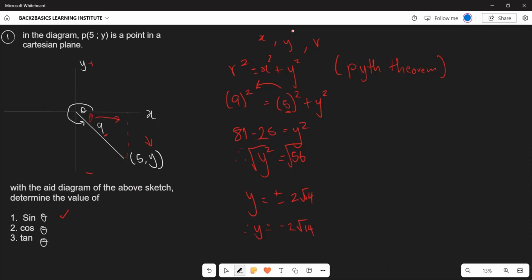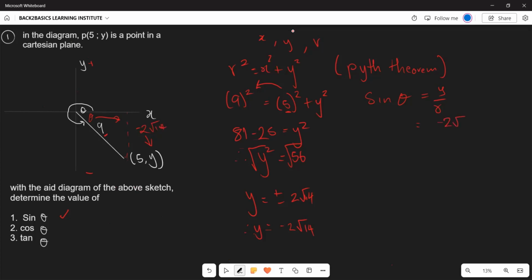Remember that in terms of x, y, and r, sine theta is given by y over r. So what is your value of y in this case? It is the one you've just found, which is 2 root 14. So this is going to be what?